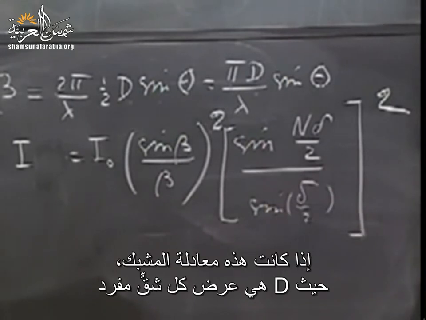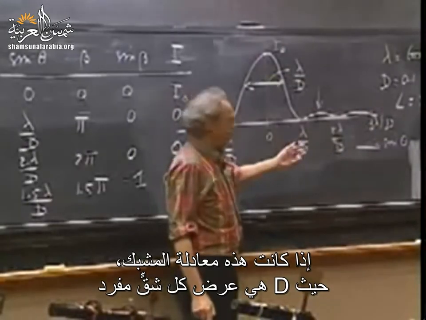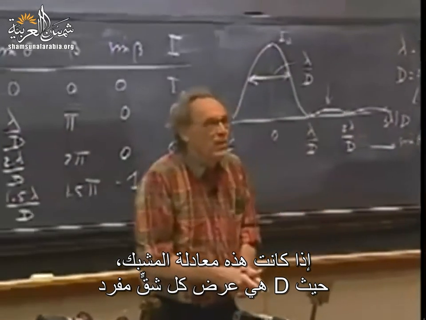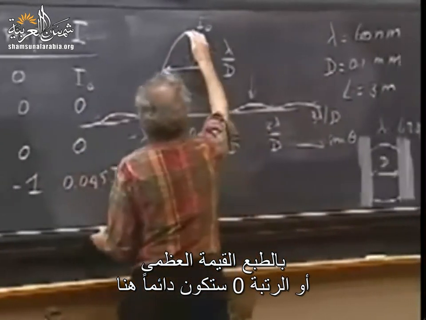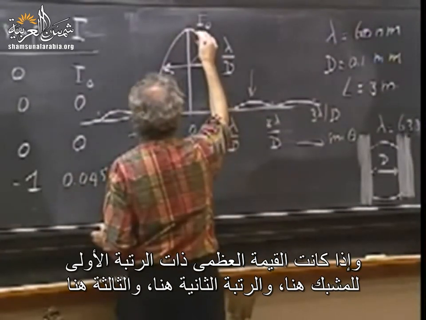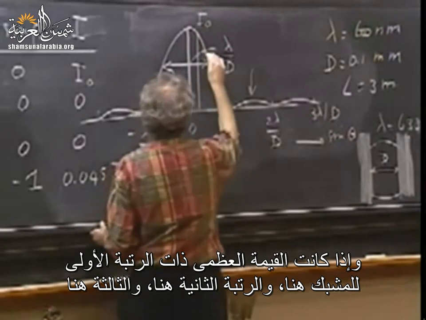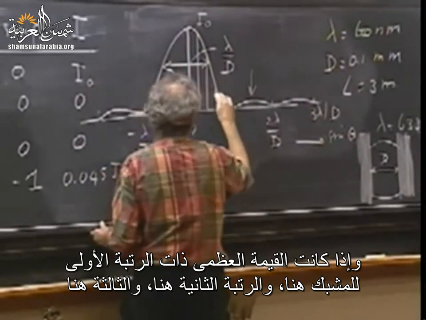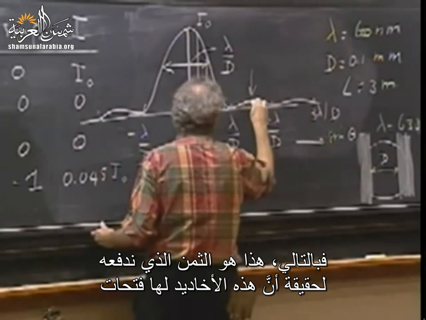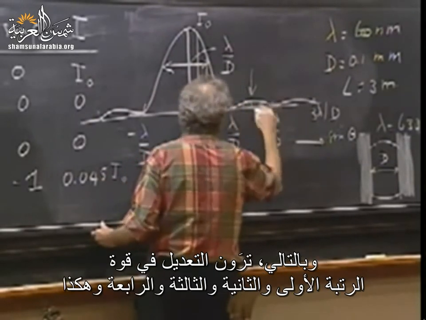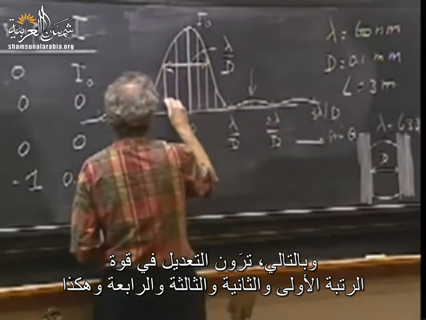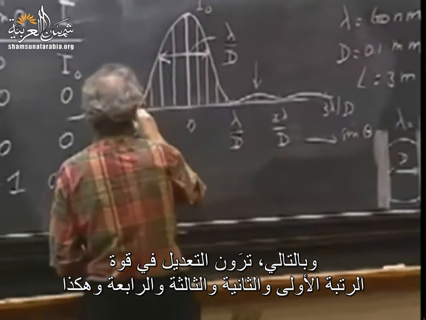And so if this were a grating, whereby capital D was the opening of each individual groove, the zero order maximum will always be here, and the first order maximum of the grating would fall here, and the second order would fall here, and the third here. This is the price you pay for the fact that these grooves have an opening. And so you see a modulation in the strength of your first, second, third, fourth order, and so on.